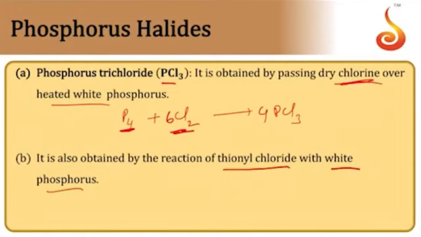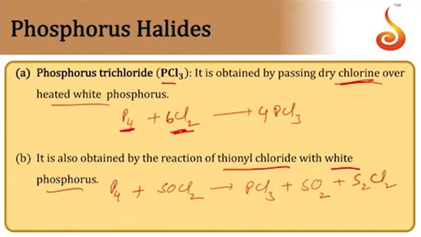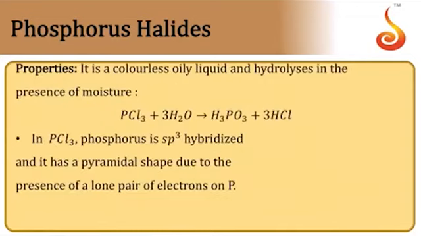Thionyl chloride is SOCl2. So P4 plus SOCl2 gives PCl3. The other byproducts are SO2 and S2Cl2. This is the preparation of phosphorus trichloride.